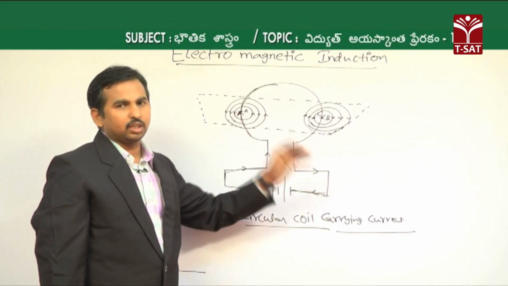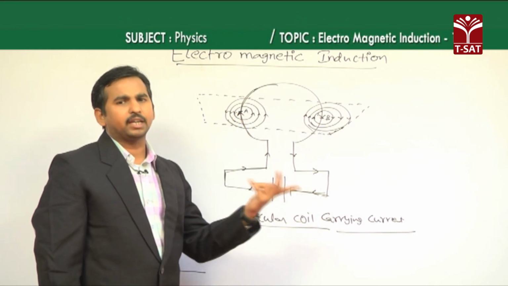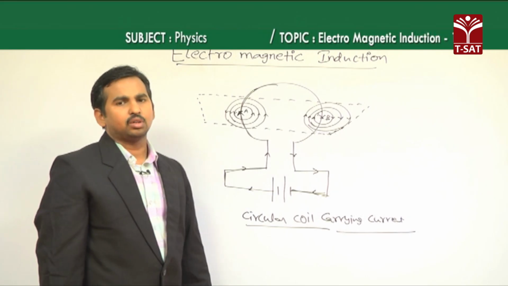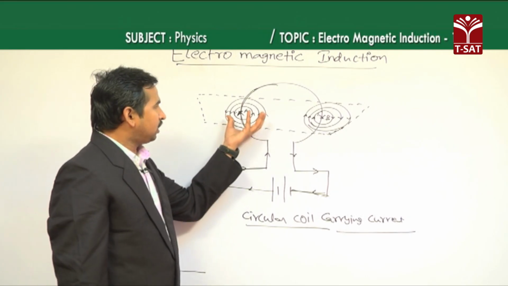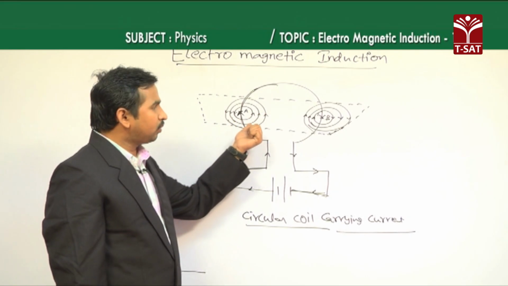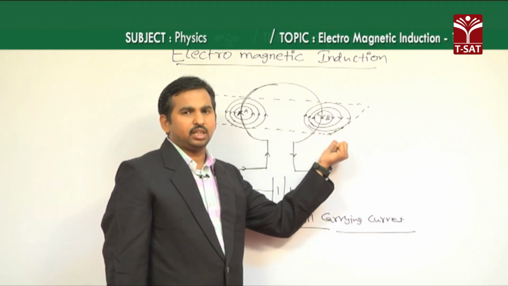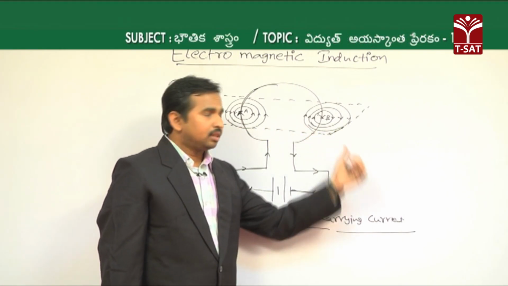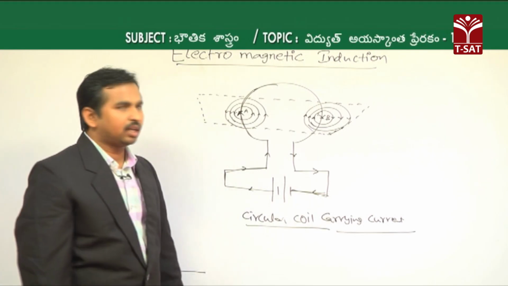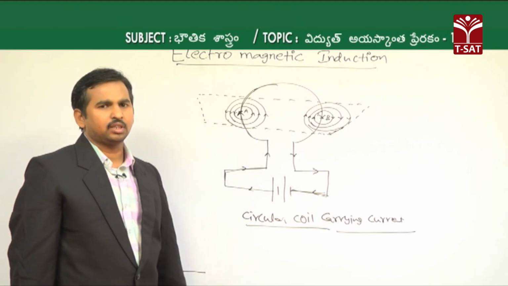Because of that, two different magnetic fields come between these circular coils. Here we get an anti-clockwise direction, whereas in the other case we get a clockwise direction. Considering the properties of magnetic lines of force, if you increase the current more and more, more magnetic lines come around the current carrying wire.